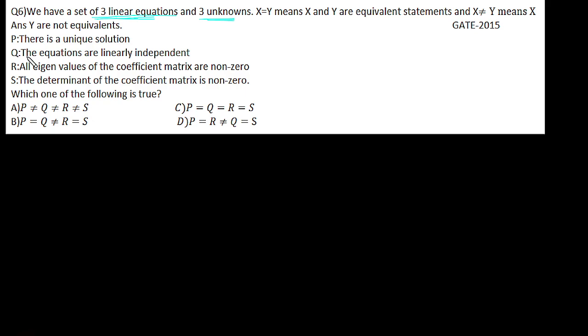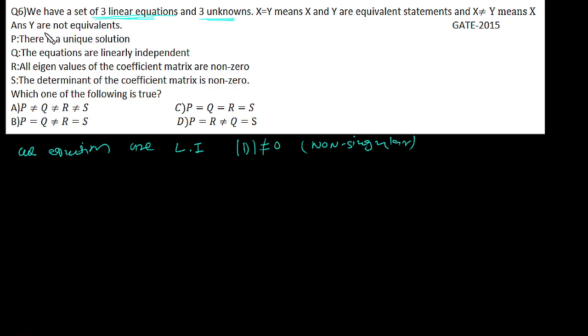And statement Q says the equations are linearly independent. So what Q means simply is that if all equations are linearly independent, then the determinant of this coefficient matrix will be other than 0. That means it is non-singular.